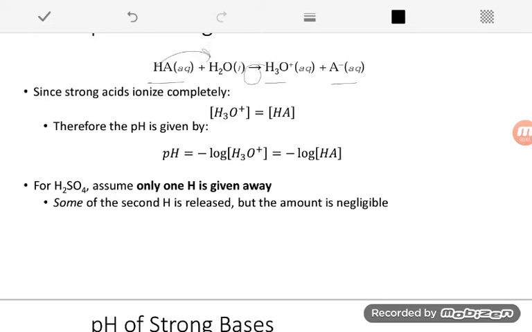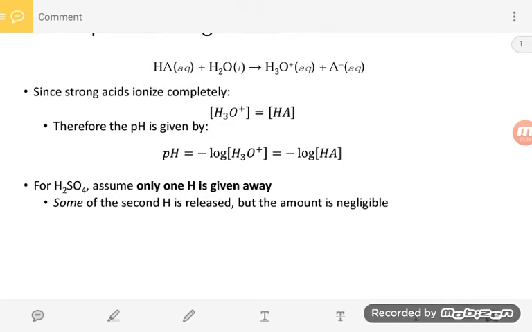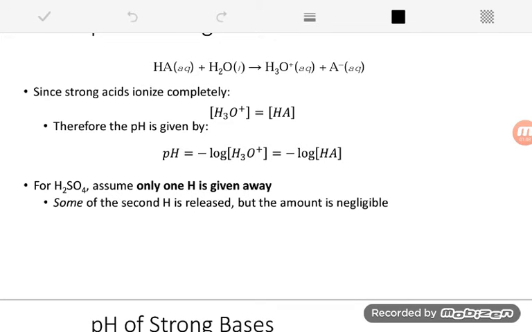Since these strong acids ionize completely, however much of this I started with, all of that is going to be converted into H3O+ because it's a 1-to-1 ratio, and this forward arrow means that all of my reactants essentially react. So if I know how much acid I started with, I know how much H3O+ I'm going to produce. And if I know how much H3O+ I'm going to produce, I can just directly get the pH.